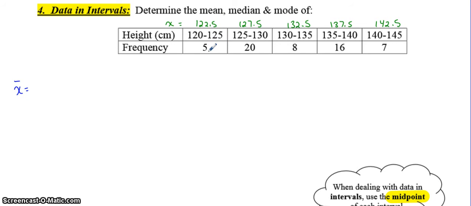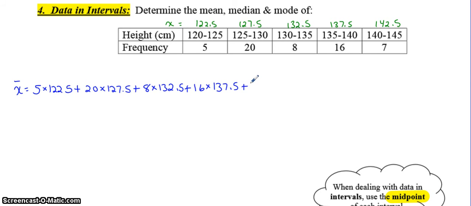So there are 5 values of 122.5. 20 values of 127.5. 8 values of 132.5. 16 values of 137.5. And 7 values of 142.5.